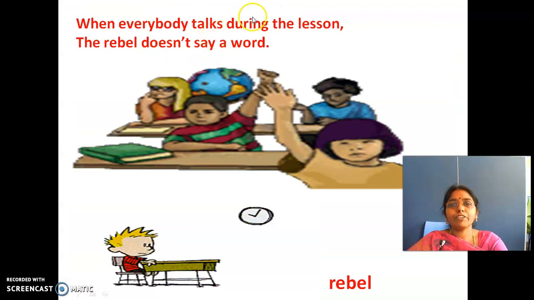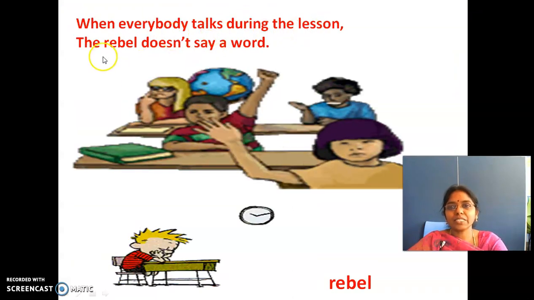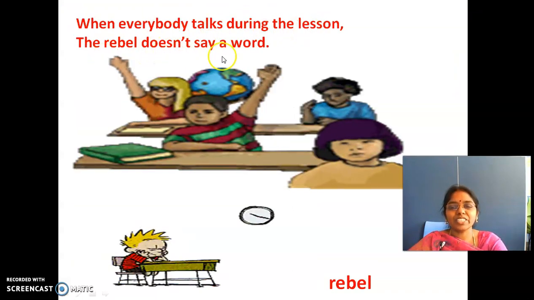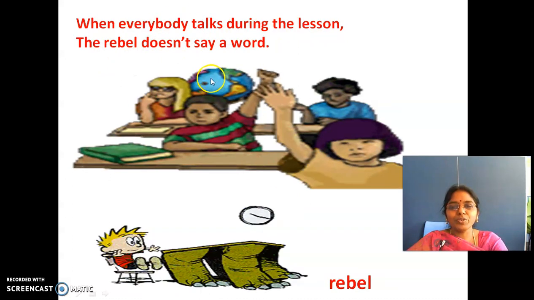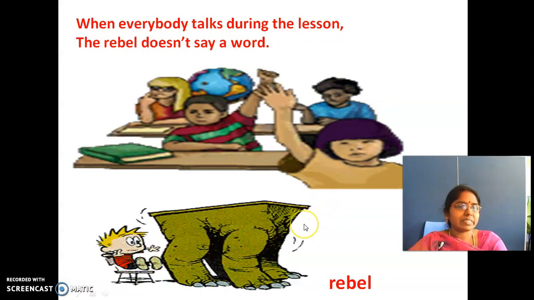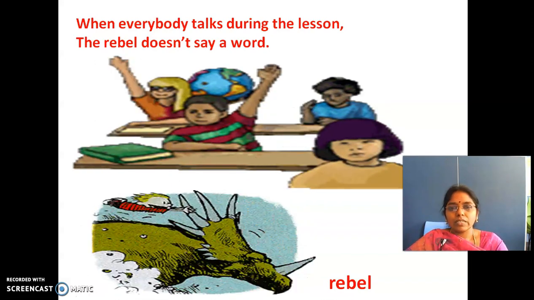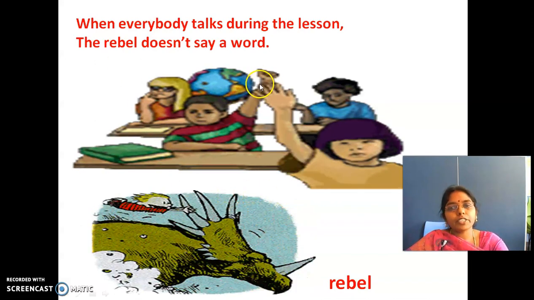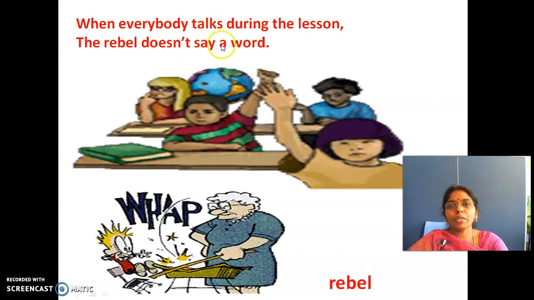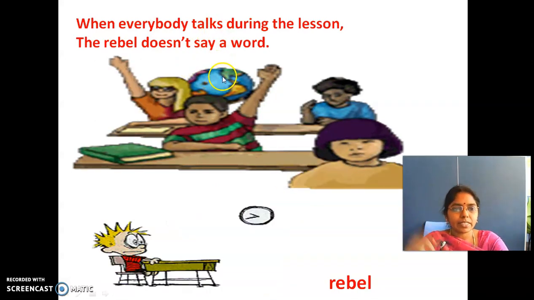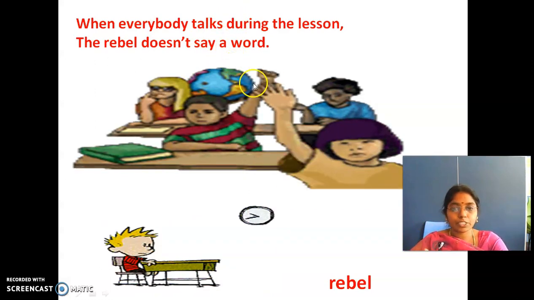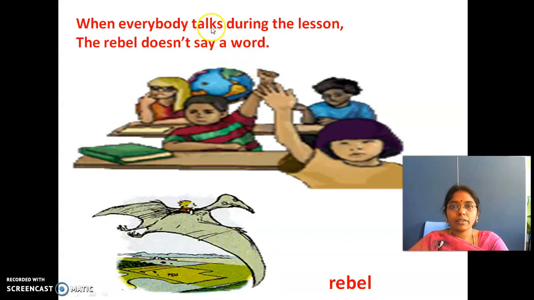When everybody talks during the lesson, the rebel doesn't say a word. See here, I like this slide actually, because see the description of a real classroom. Everybody is raising hands and talking, fighting for their chances, right?